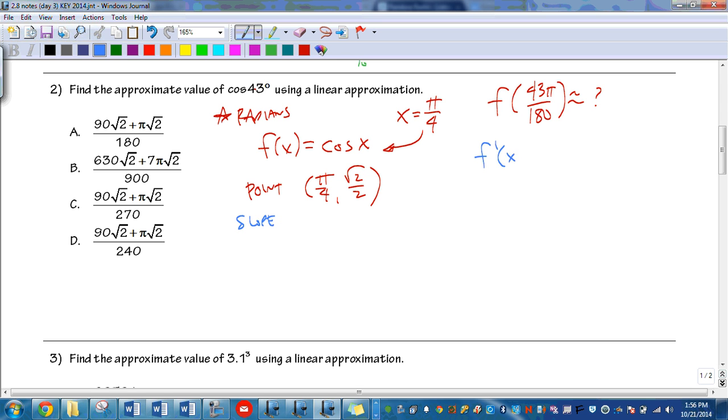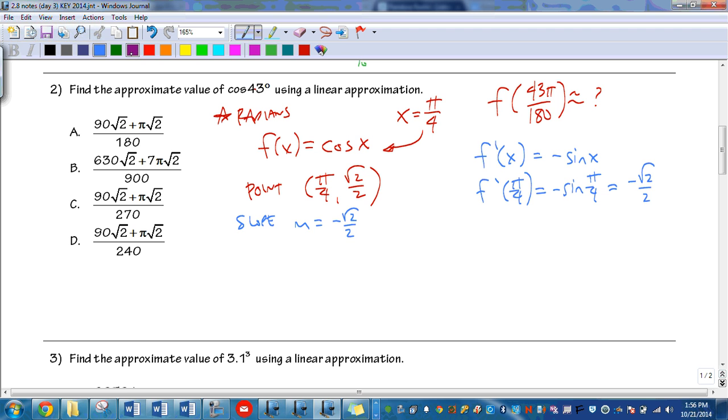So the derivative of cosine is negative sine of x, and we want to find the derivative when x is pi over 4. So negative sine of pi over 4 is going to be negative root 2 over 2. The sine of pi over 4 is root 2 over 2, and we have a negative out in front. So our slope is negative root 2 over 2.